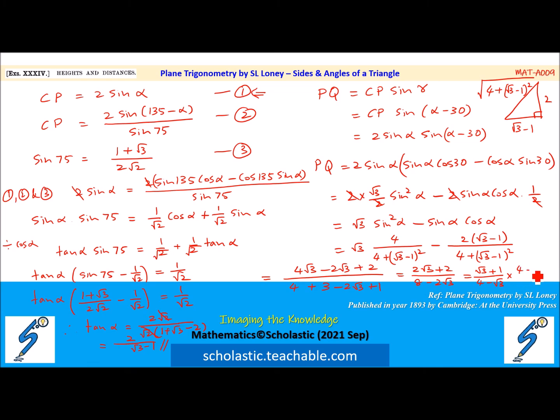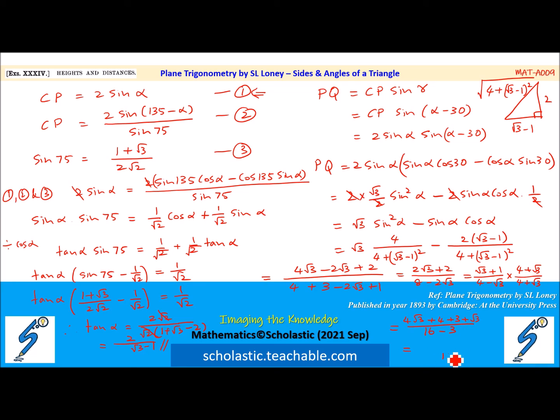Multiply by 4 plus root 3 to make this a real number. So what you get here is 4 root 3 plus 4 plus 3 plus root 3 divided by 16 minus 3, which is 13.